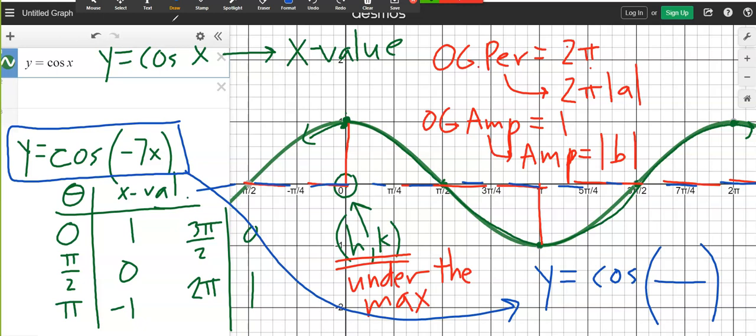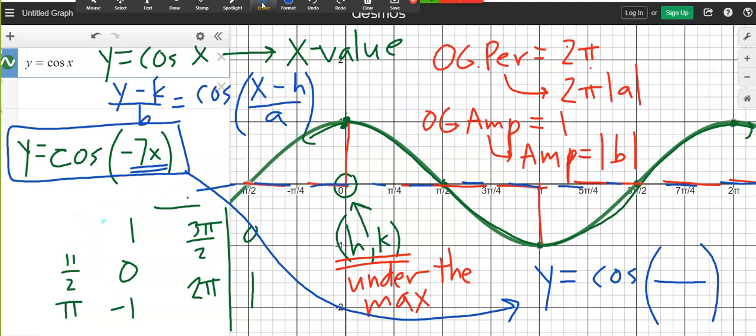Negative 1 over 7. You're getting warmer. We want 1x. We want this to say 1x. Divide by negative 7.